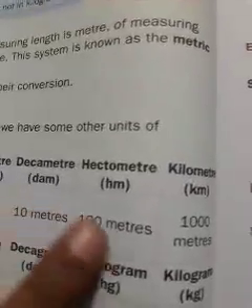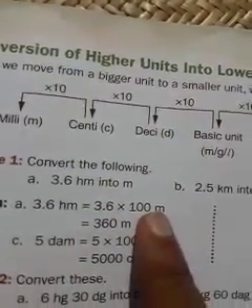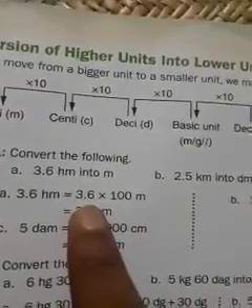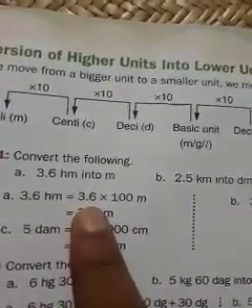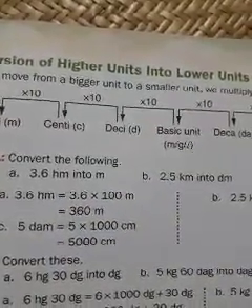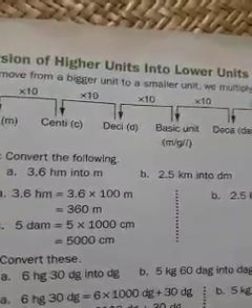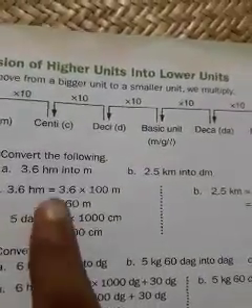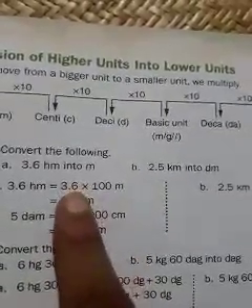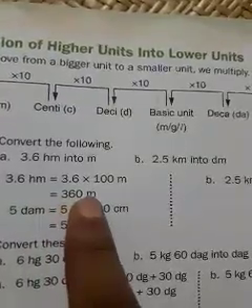Look here, 1 hectameter is 100 meter. So 3.6 you have to multiply by 100. I have already taught you decimal multiplication, division, addition and subtraction. So 3.6 into 100 will become 3600, but after 1 digit the decimal will come, so it will become 360 meter.